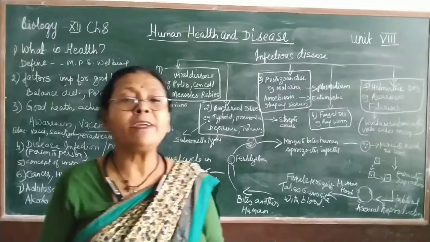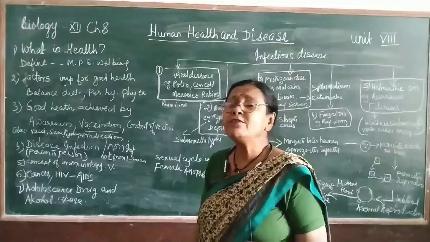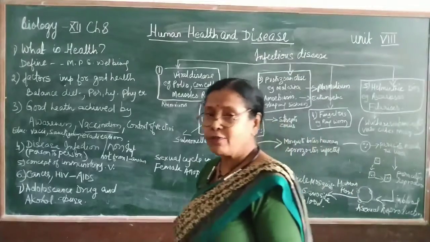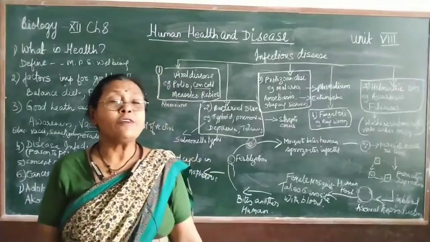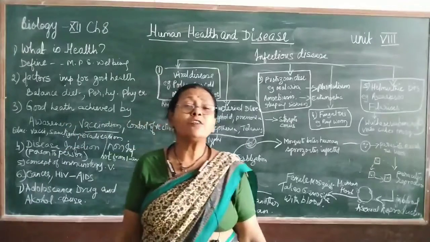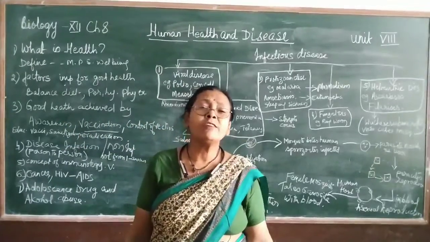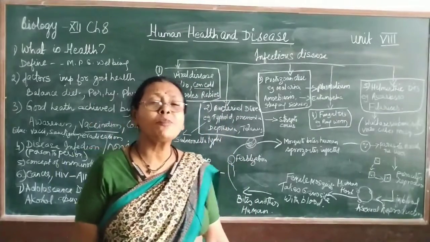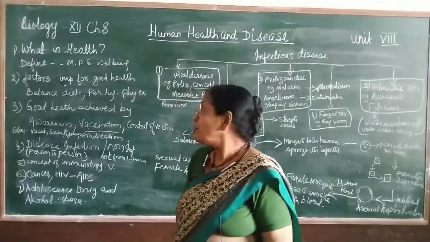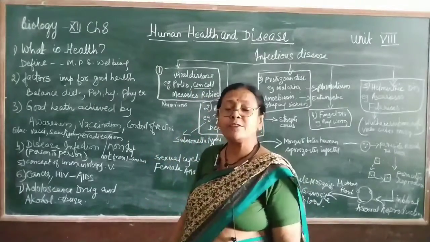This is called mental health. Then physically, you are fit, you are doing everything. Physically, your hands are working, your legs are working, all your sense organs are working properly. This is being physically fit.